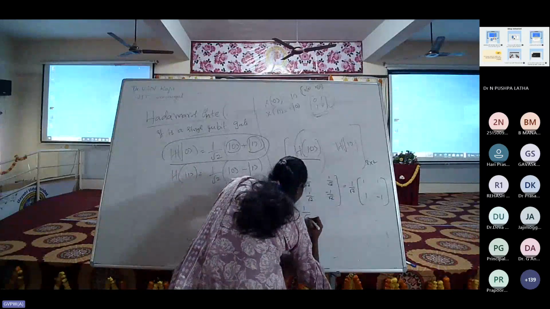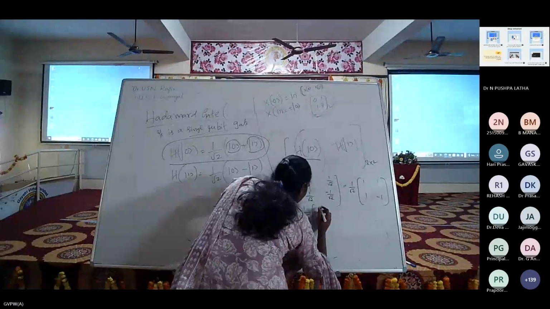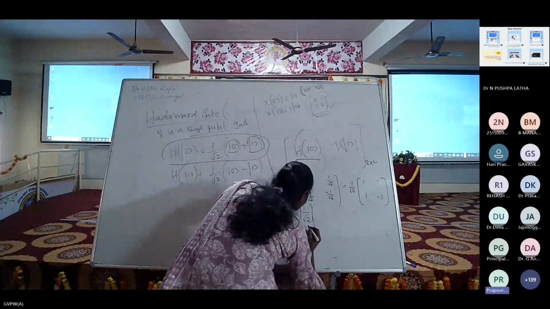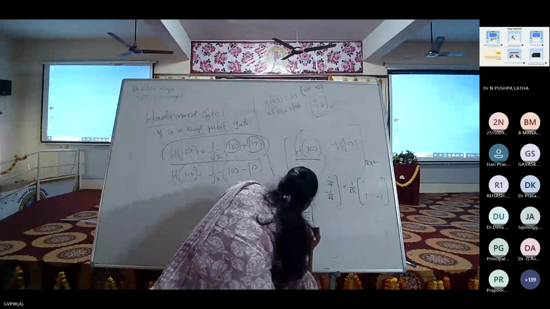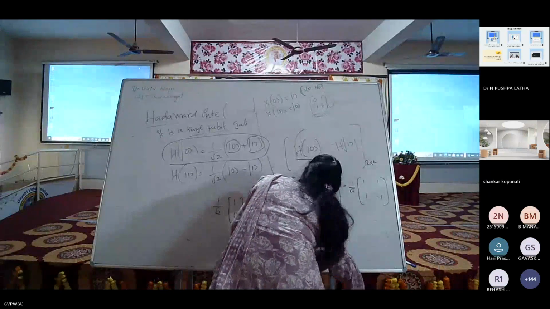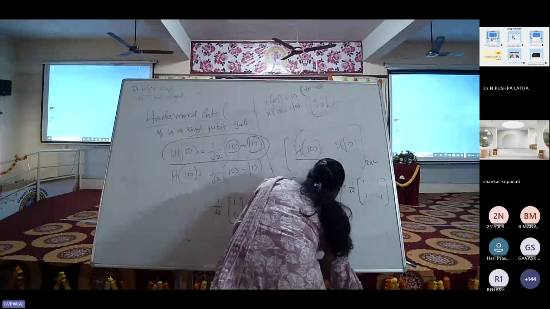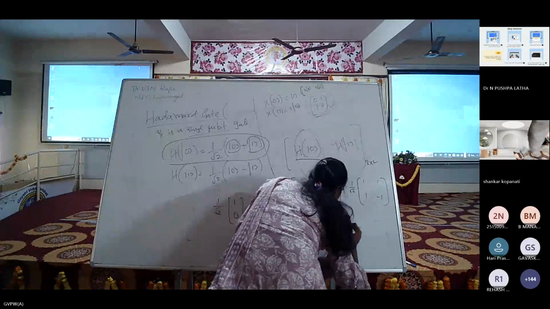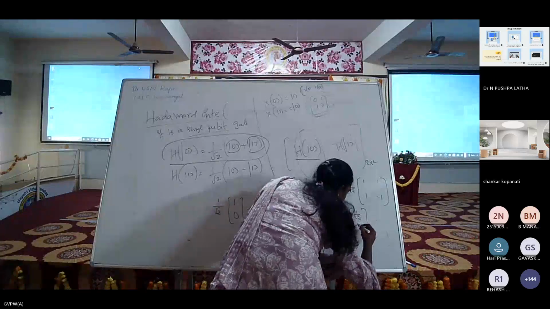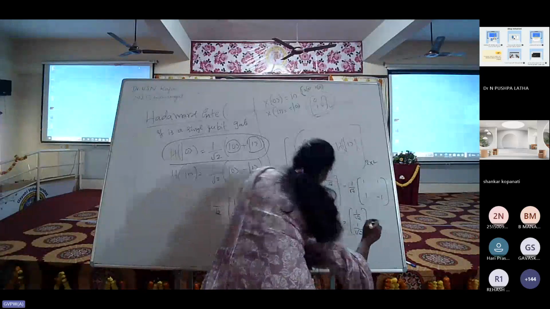Equating this to 1 by root 2, and 0 plus 0, 1 by 2. This is the element of 0.